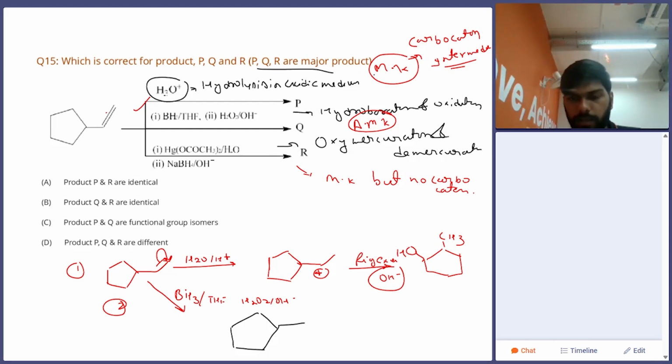That's it, this is your OH. So this is your product, you can say Q, and the first one is P.